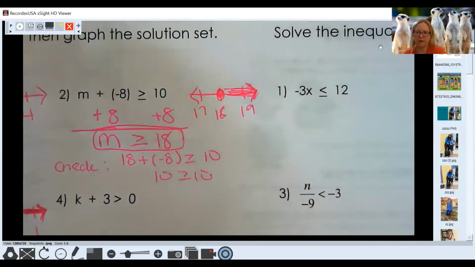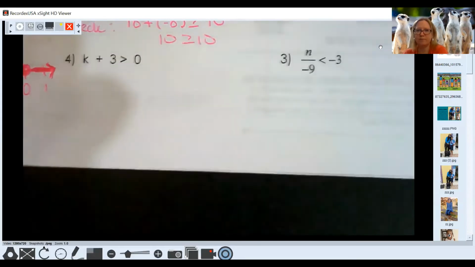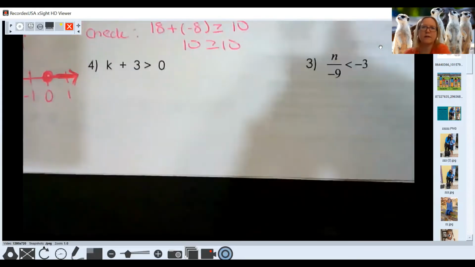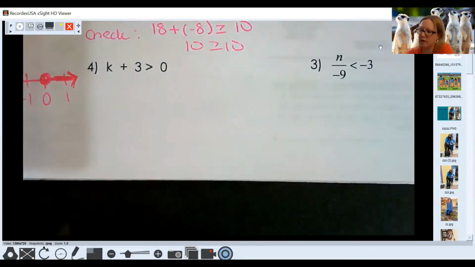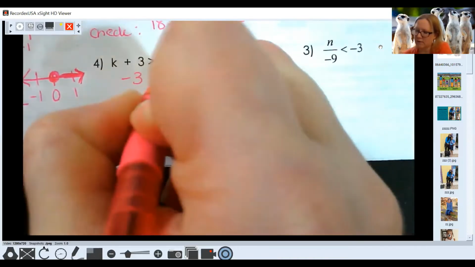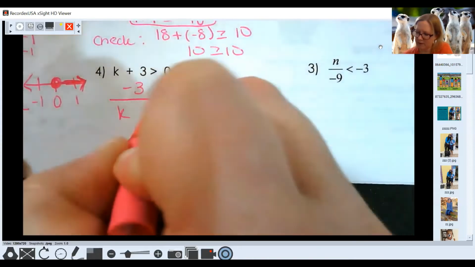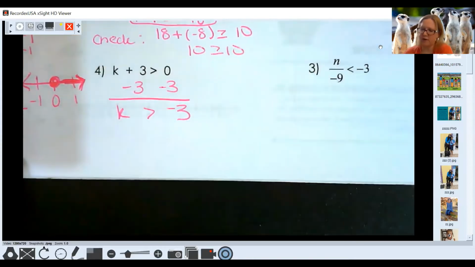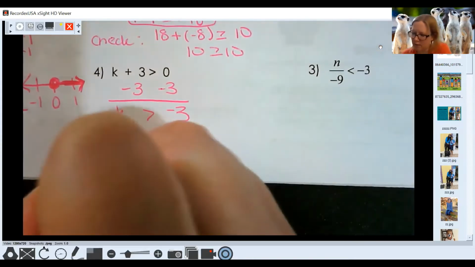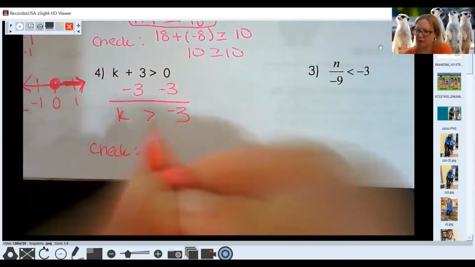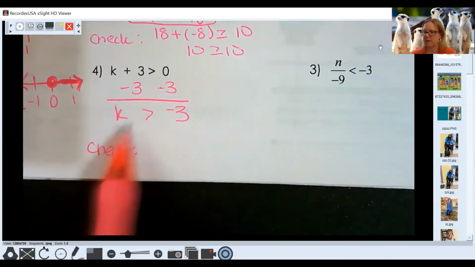All right, now let's look at number 4. All right, we have k plus 3 is greater than 0. So subtract 3 from both sides of the inequality. And I have k is greater than negative 3. Okay, we'll check it. So again, choose any value that is going to make this true.